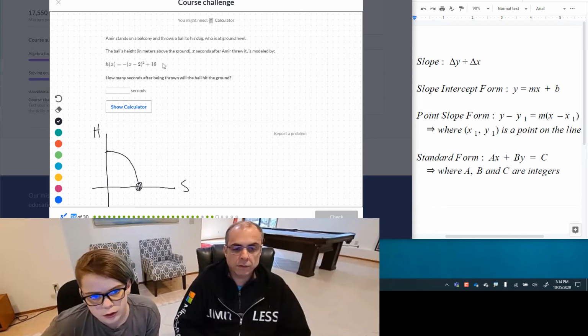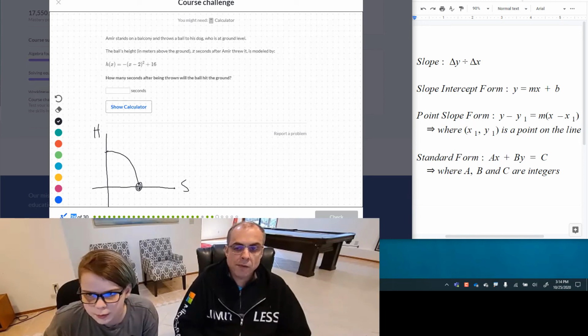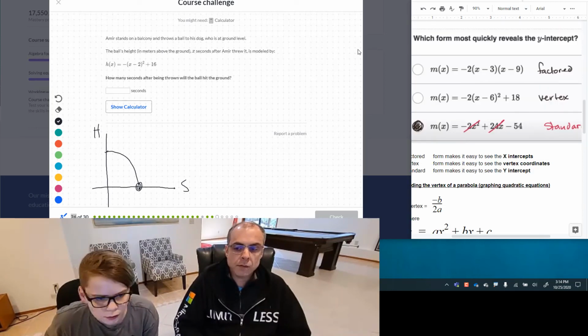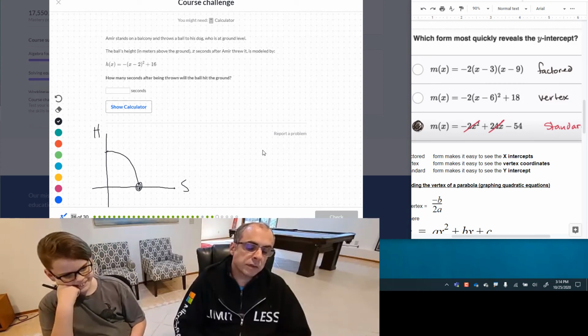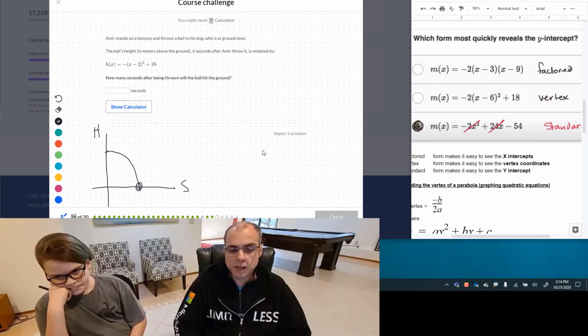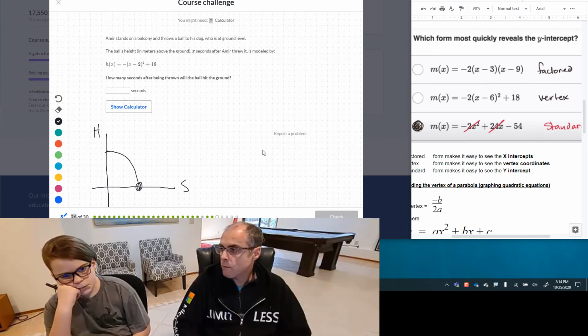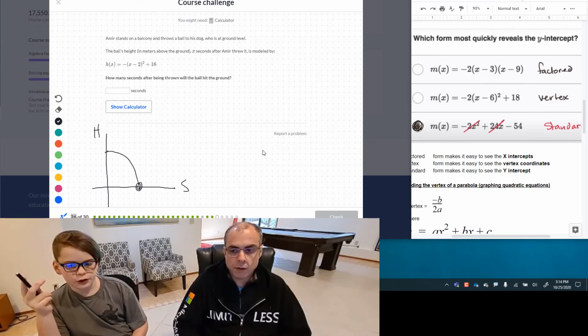You just need to solve it for x. We need to put it in factored form. You need to find the zeros, right? And you just said it's the larger x-intercept, so that means the zeros, and factored form gives you zeros.